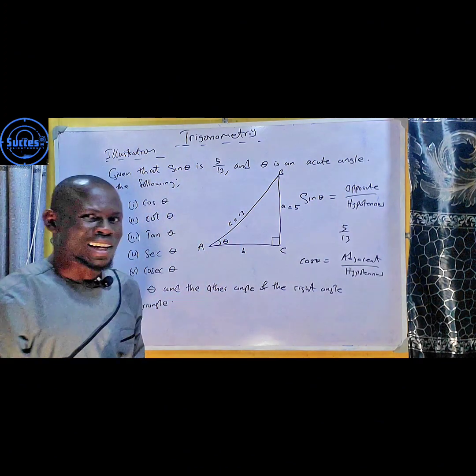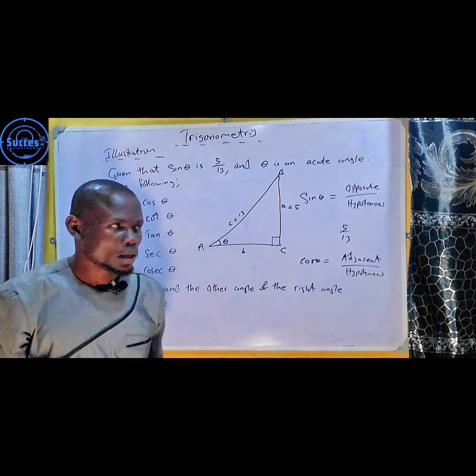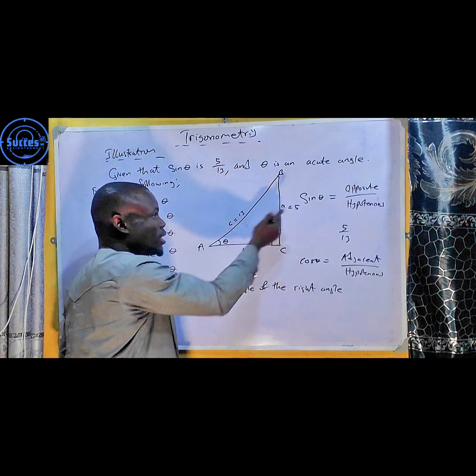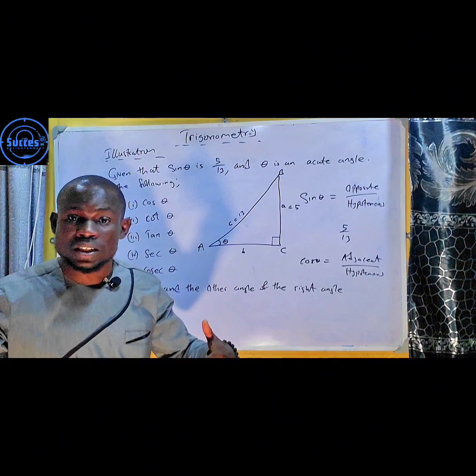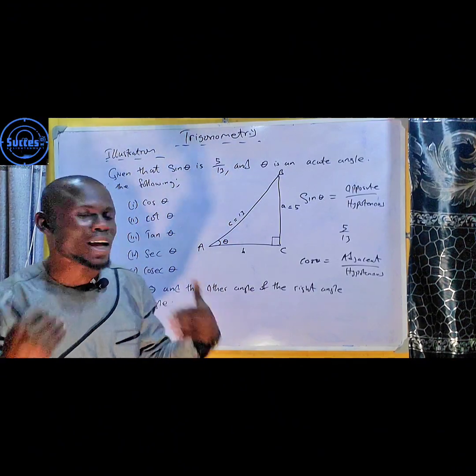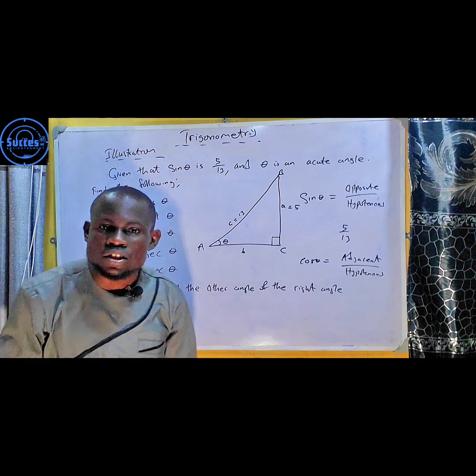That is the adjacent side to angle theta. You already know this is the opposite side, and this is the hypotenuse side. The side that connects the opposite and the hypotenuse side is always the adjacent, which is the small letter b.